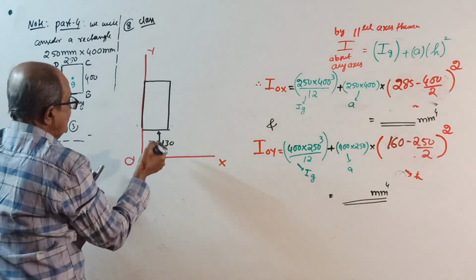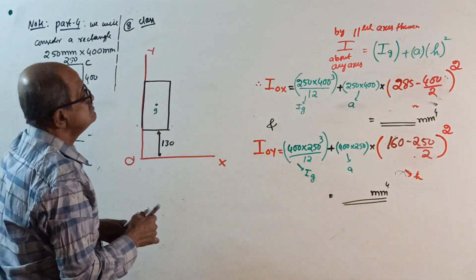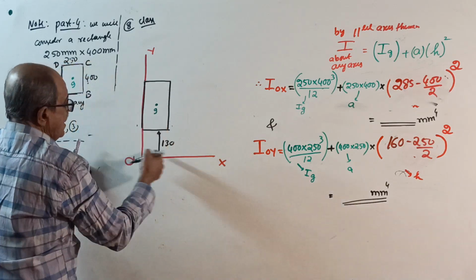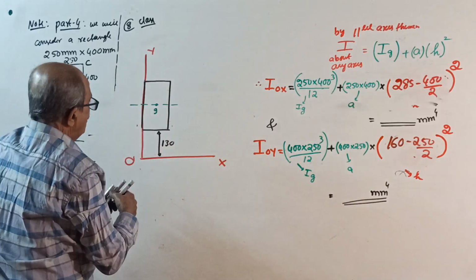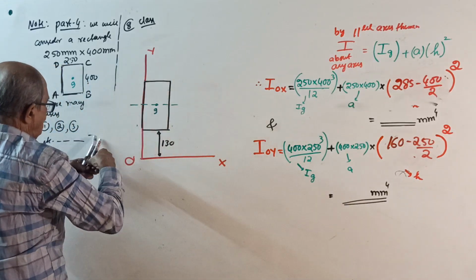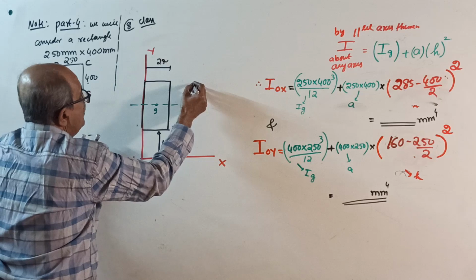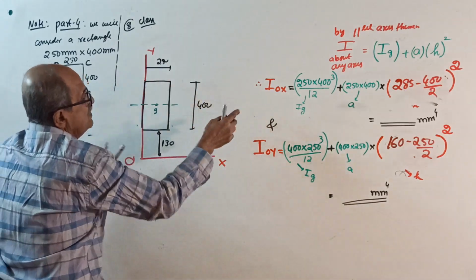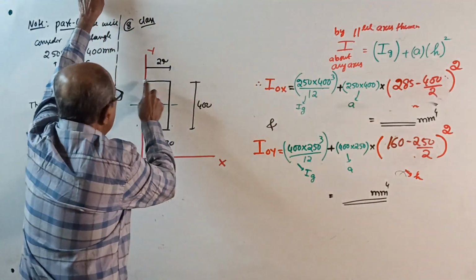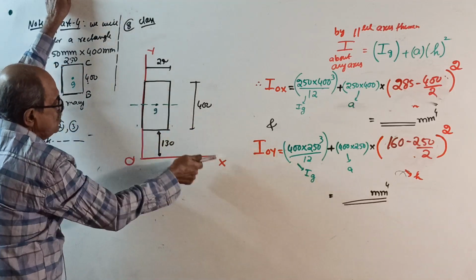Now it is very simple. See, centroid is here, G. Start. I about the OX axis, its own axis here. I forgot to write the dimensions here. Okay, right here, this is 250, somewhere here 400. As usual, this I don't have to explain. 250 into 400 cube by 12 plus area into distance from centroid to OX.